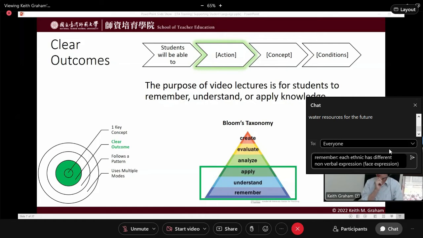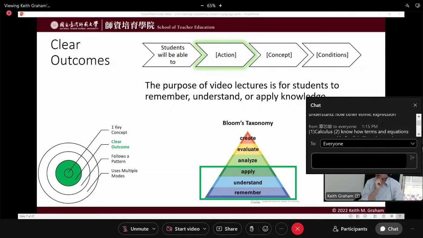I'll give about 30 more seconds for those of you that want to try to get something in. Okay. Why? To understand how hydrology is important. Oh, okay. Facial expressions, understanding how different ethnic groups use nonverbal expression. Wonderful.